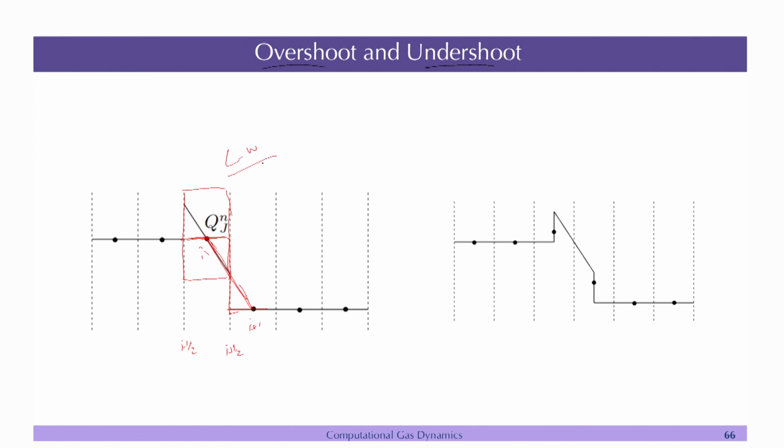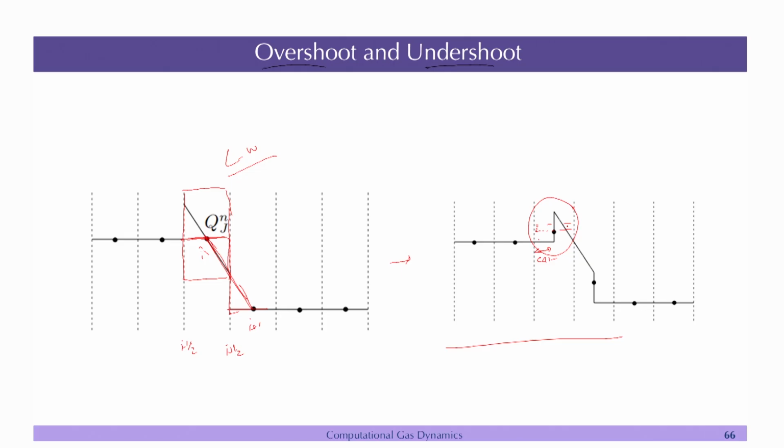But once it propagates on the right hand side, let us say it got propagated by C delta t here. Now, if you take the average of this, you will have let us say the cell center somewhere here, or here.